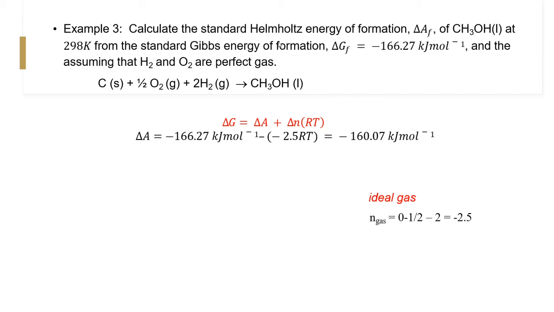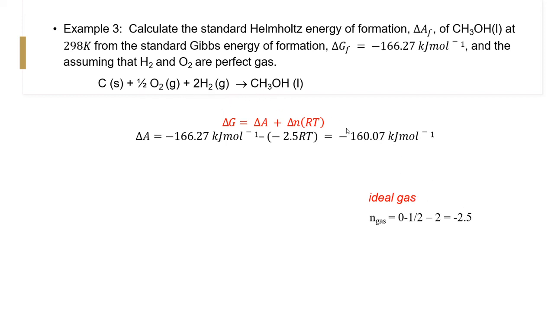Calculate the standard Helmholtz energy of formation of methanol at 298 Kelvin from this Gibbs free energy, assuming that the hydrogen and oxygen are perfect gases. Okay, so delta n is 0 minus 2.5, so you have minus 2.5.